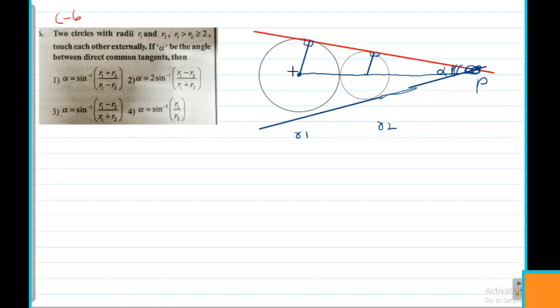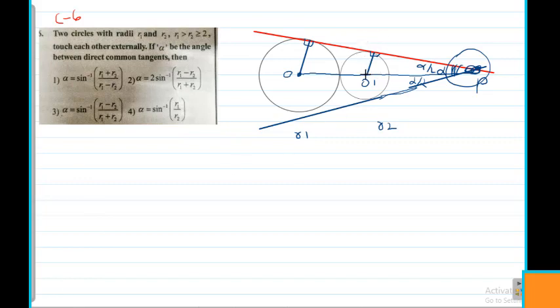So say this is O, and this is O dash. Now the interesting thing is this is R1 and this is R2. This total angle is alpha. We join the center and the point of tangency, so this angle becomes alpha by 2. This means this is the angle bisector of this total angle.